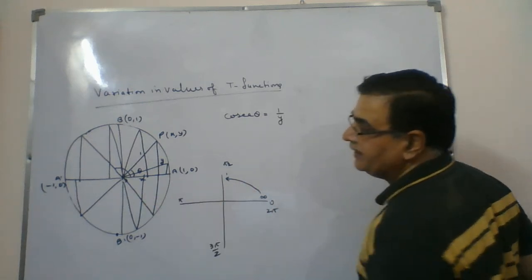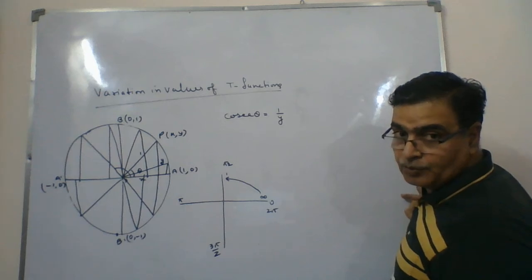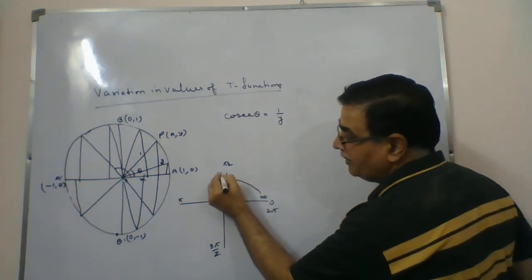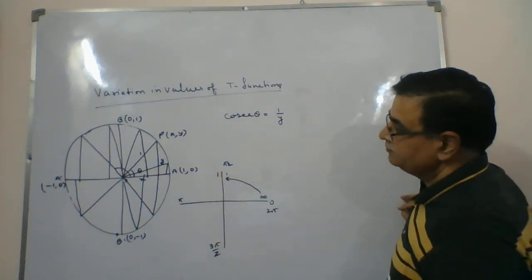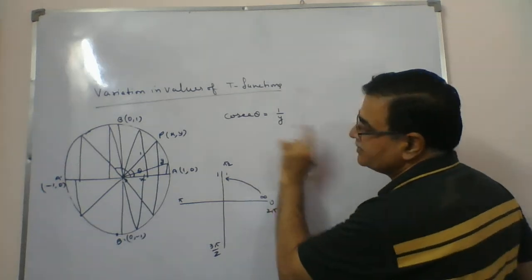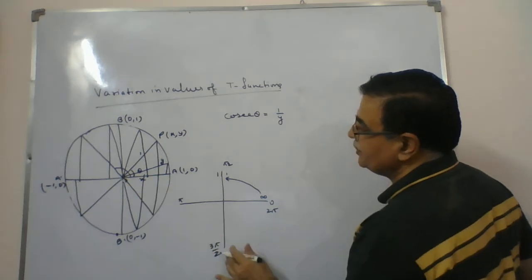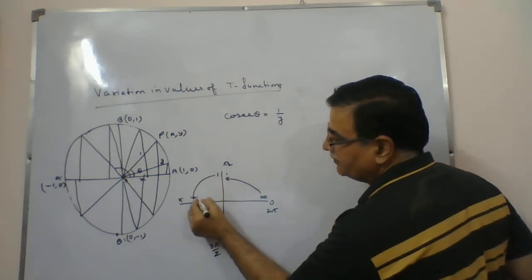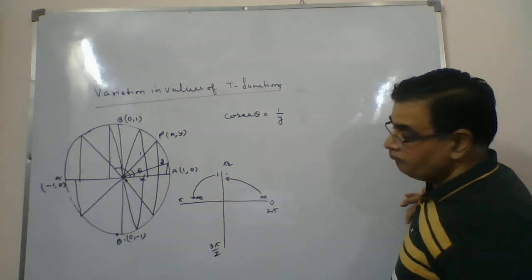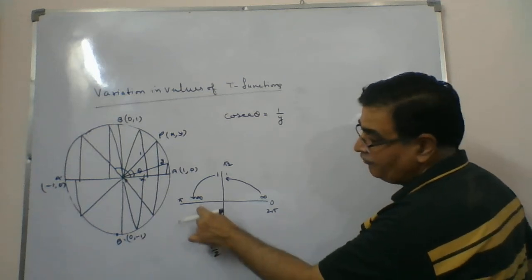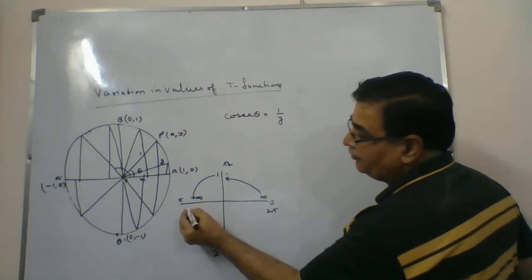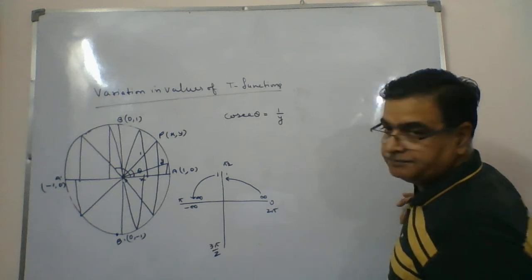When you go this side, what about your y? Y will remain positive, so 1 will remain 1. When you shift this side, y will still remain 1. And at this place, y will become what? 0. So it goes to infinity. Now when you go here, y will be on the negative side. Y negative means it will go to minus infinity.